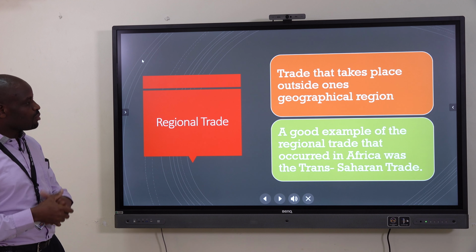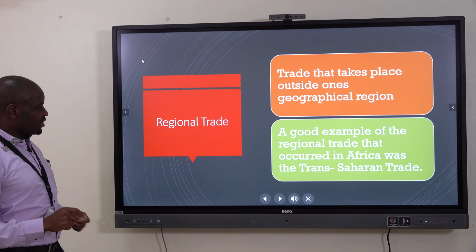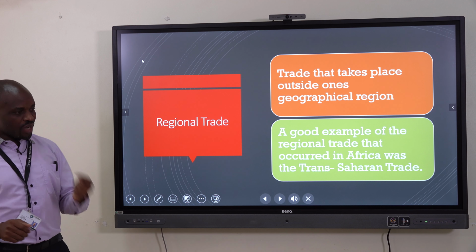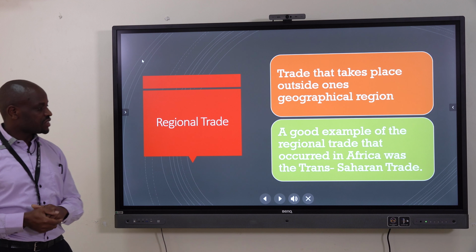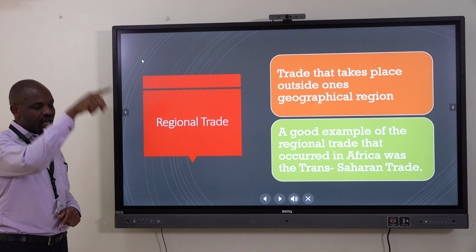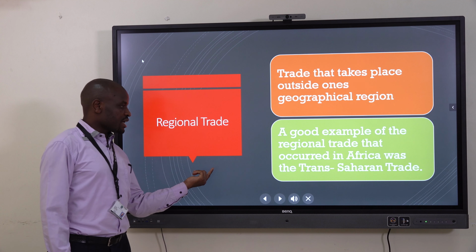A good example of the regional trade that took place in Africa is the trans-Saharan trade, whereby the northern region was carrying out trade with the western region of Africa, and the trade was being conducted across the Sahara Desert.